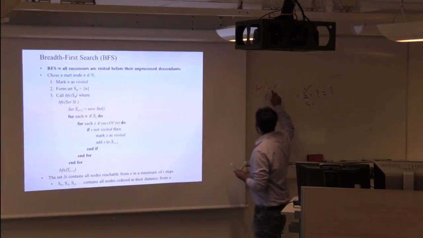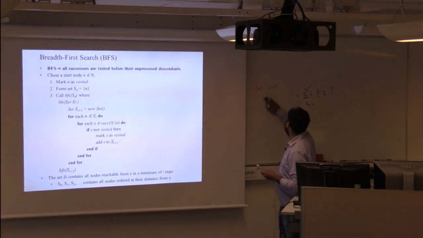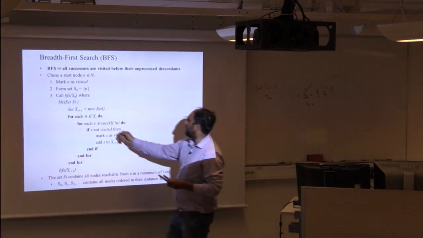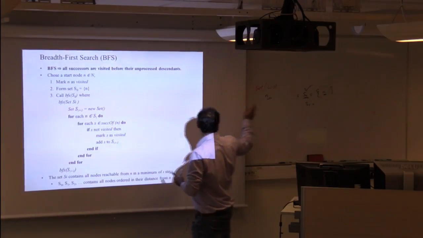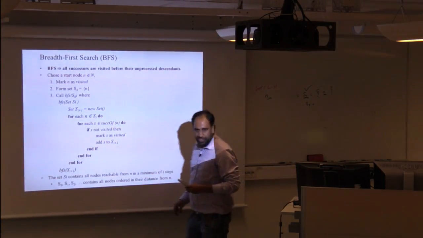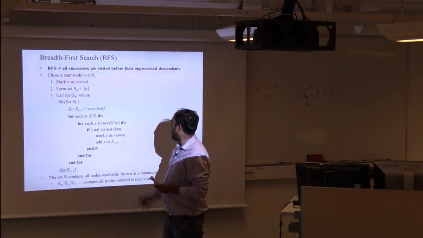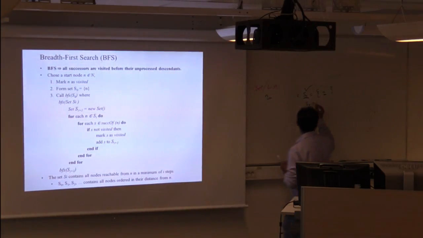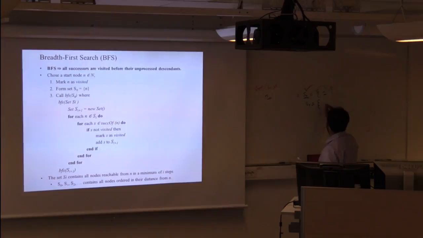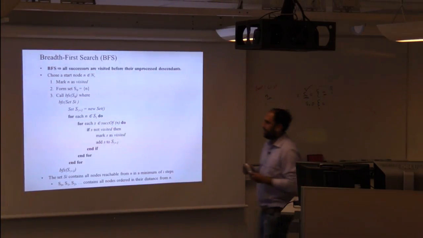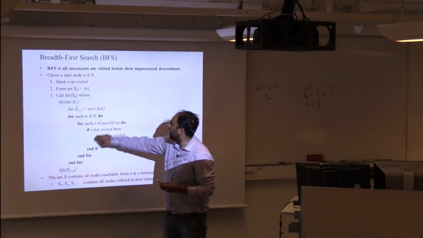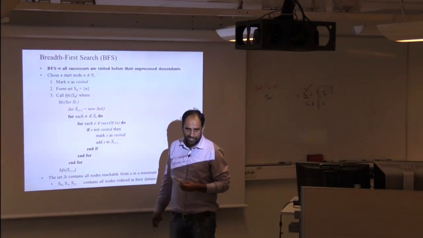We have here a list which is maintaining the visited nodes, and if the successor is not visited, we add it to the visited list, and we add that successor to this new set. Okay, and then we keep on until we have visited all the successors.